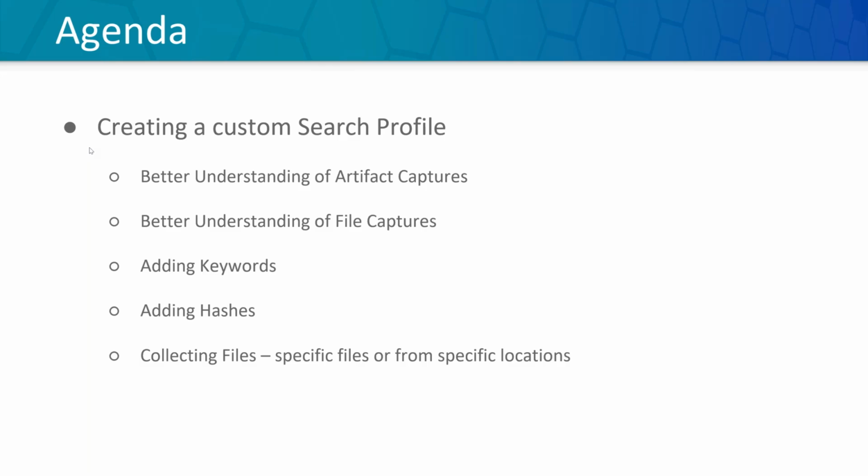We're getting to adding some keywords, adding the hashes and collecting files, either specific files or specific files from a specific location, or the different variations of that therein. So with that, let me close this down and we'll get right into it.